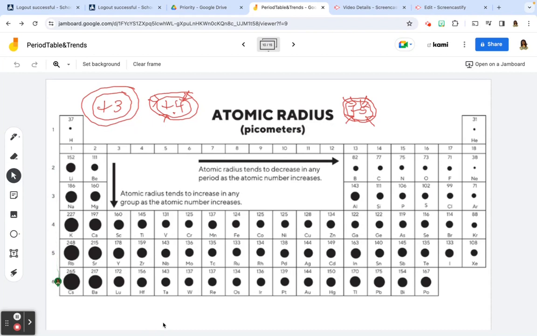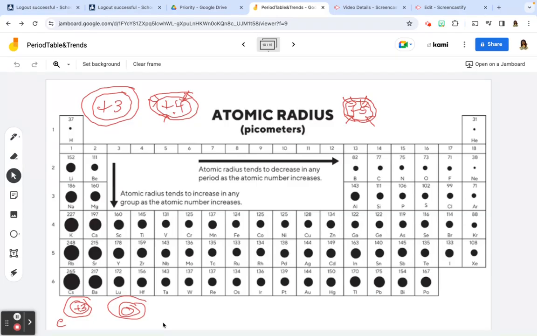And the reason why it's increasing going down a group is because the number of energy levels is increasing. Lithium is in the second period and has 2 energy levels, whereas sodium is in the third period and has 3 energy levels. They're increasing the number of protons and the number of electrons. So those electrons have to go to the next energy level once the previous one is filled.